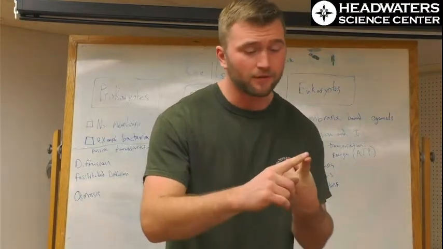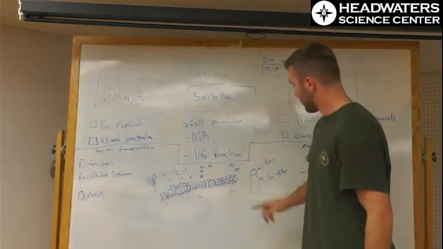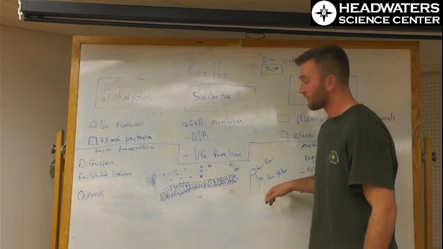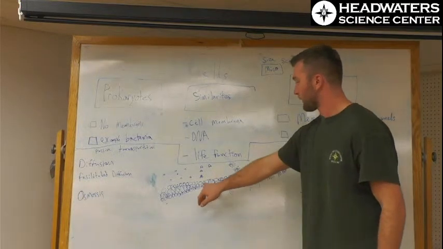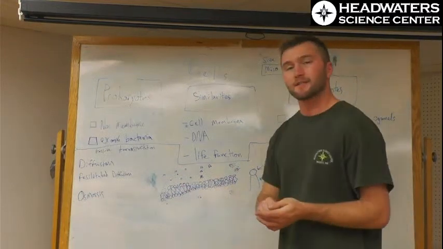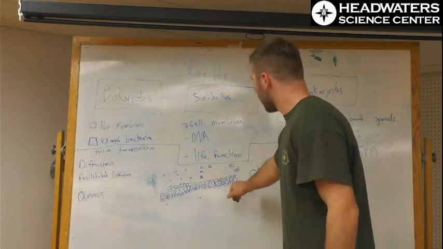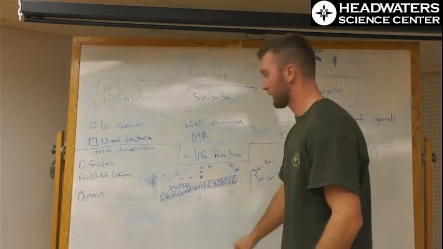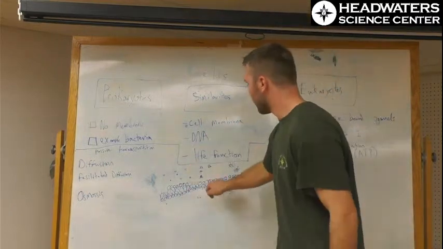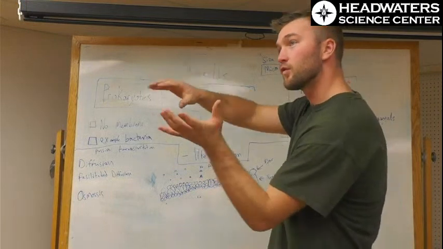So you got a phosphorus polar head here, and then you got two tail lipids that are non-polar. If you line a bunch of them up, you get a phospholipid bilayer, because the two ends of the non-polar lipid tails line up and form a nice membrane.